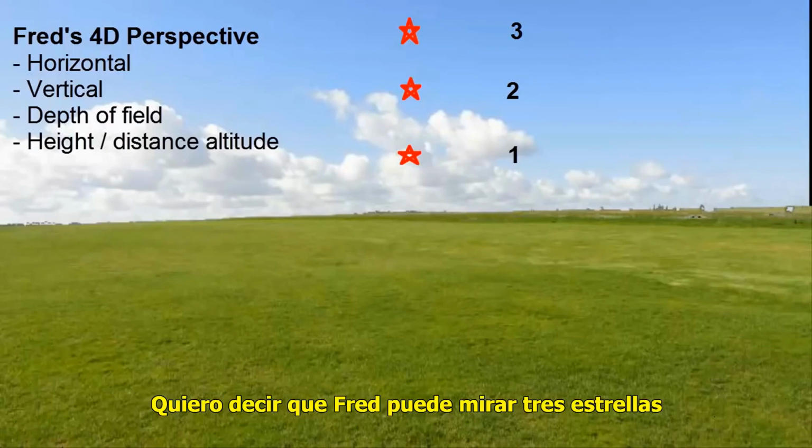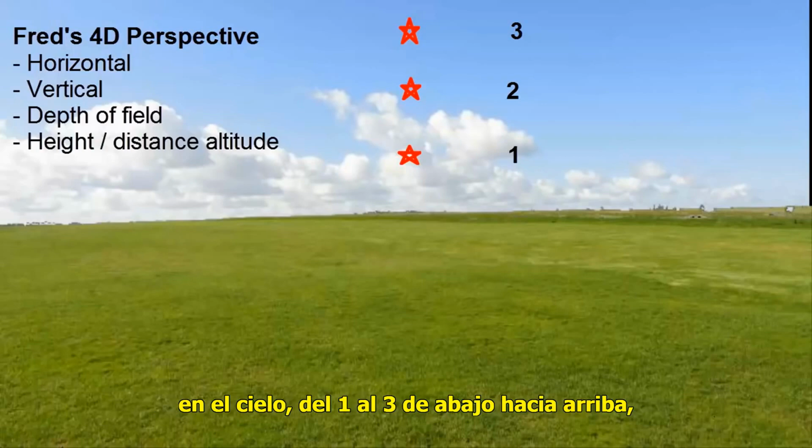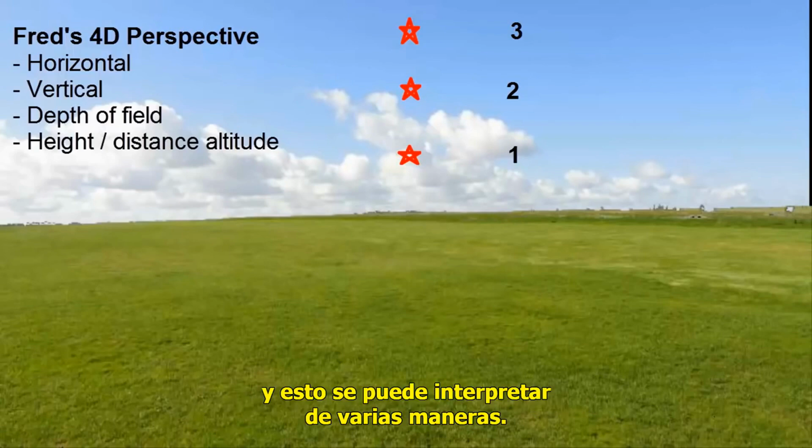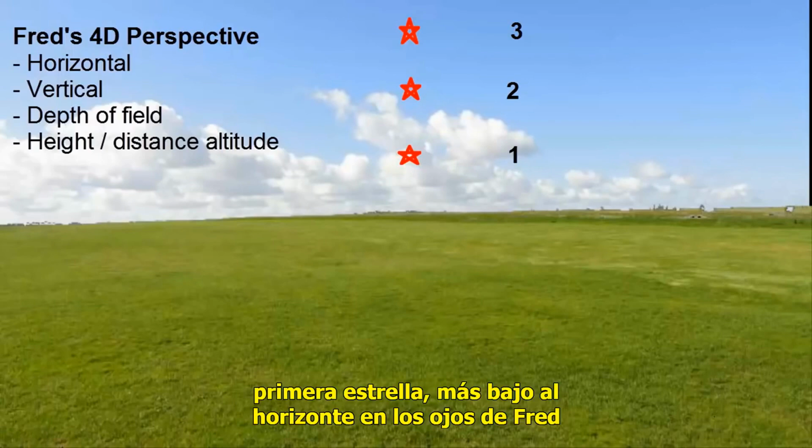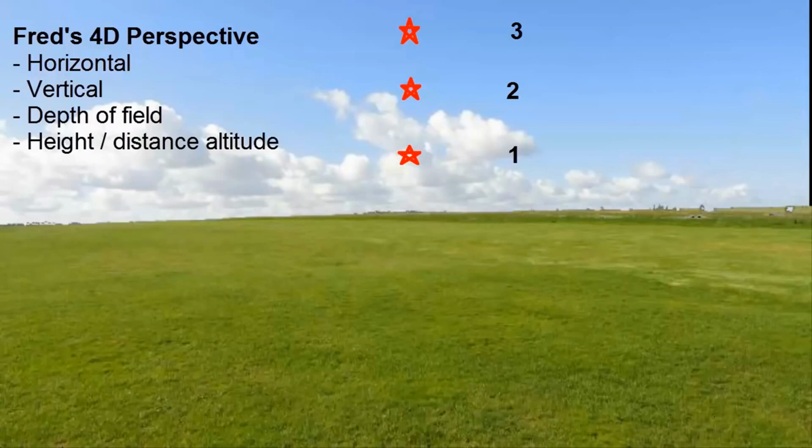So what I mean by this is Fred can be looking at 3 stars in the sky, 1, 2, 3, from the ground up. And this can be interpreted in a number of ways. The first star, the one lowest to the horizon, in Fred's eyes, could be the furthest star away.